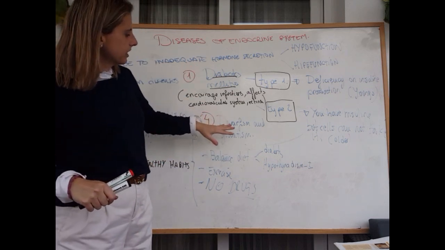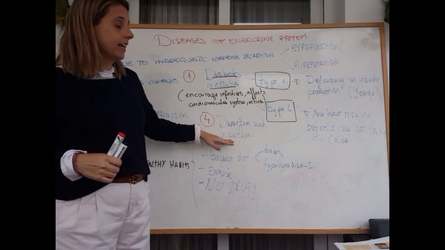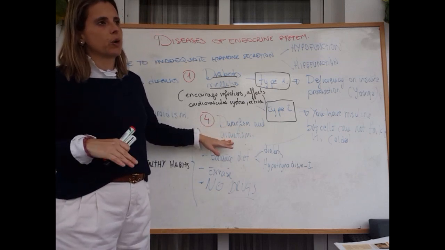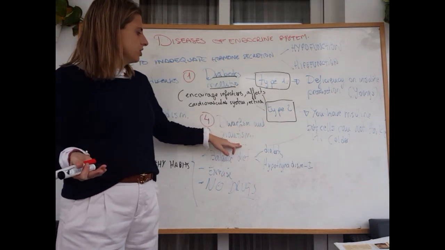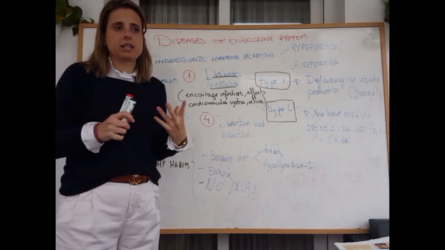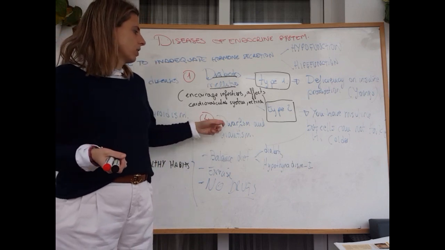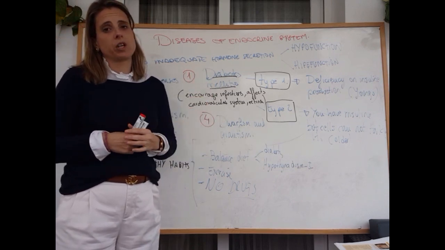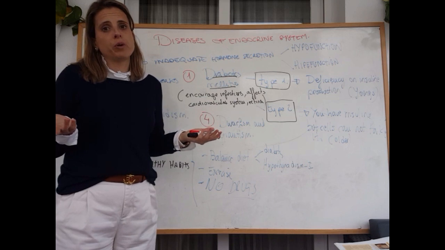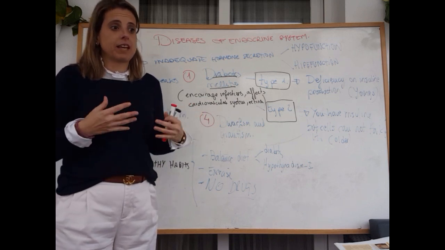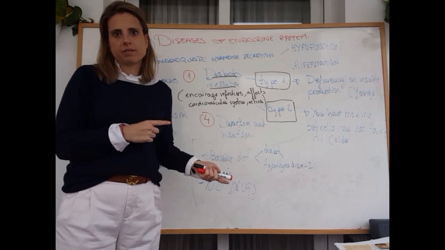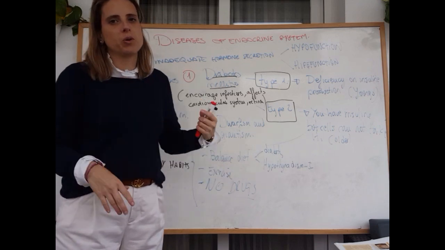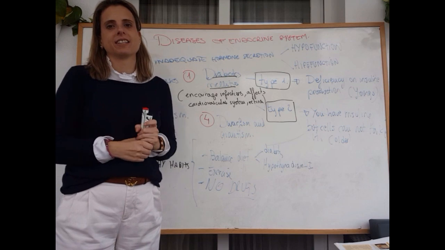And another type of illness that is due to the growth hormone is dwarfism and gigantism, enanismo y gigantismo. Dwarfism, you have too low production of the growth hormone during your growing years. And gigantism is the opposite, too much growth hormone, so you look like a giant.